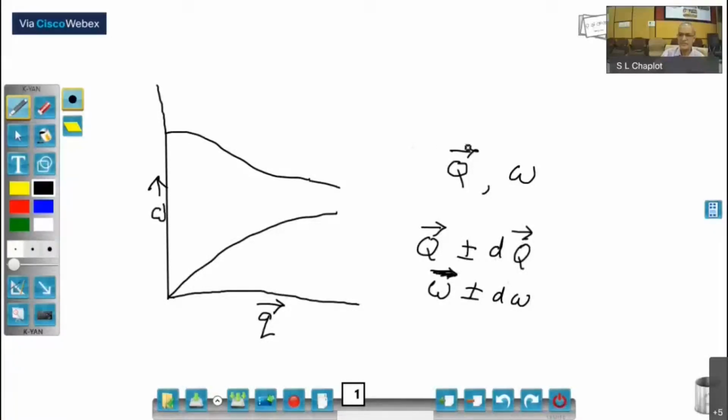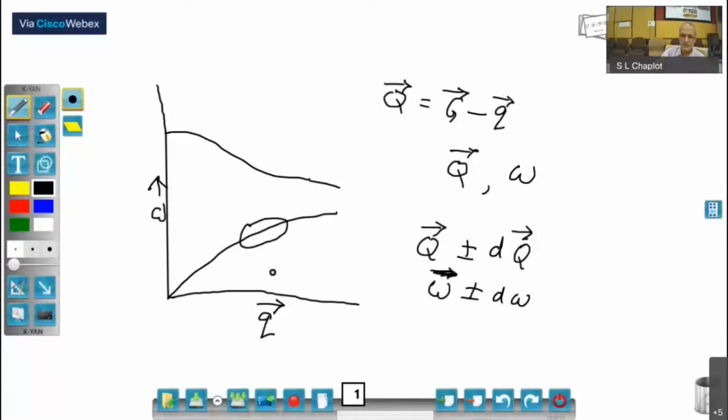It is called a resolution ellipsoid in the four variables. Just think of it that you have a resolution ellipsoid which looks like this. We are in q-omega space, and the small q and capital Q are related: capital Q is nothing but a reciprocal lattice vector minus the vector q.